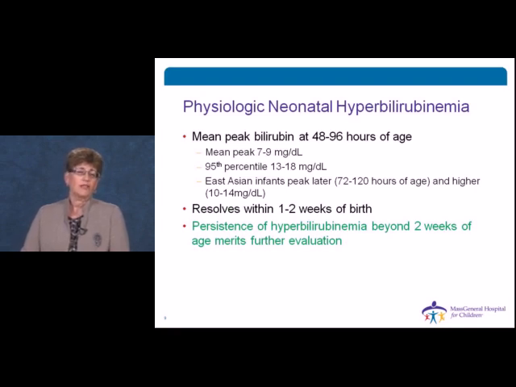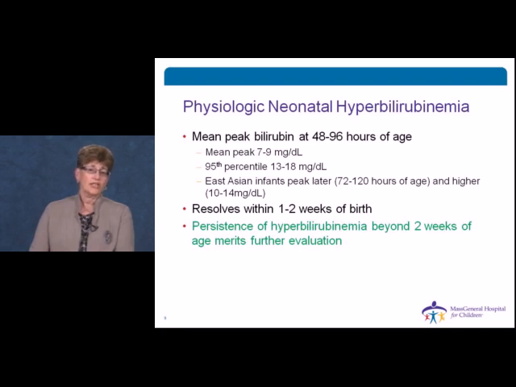In neonatal hyperbilirubinemia, the mean peak bilirubin generally in infants is about 2 to 4 days of age. And the mean peak in Caucasian infants is 7 to 9 milligrams per deciliter. The 95th percentile is up to around 13 to 18 milligrams per deciliter. And it is relatively higher in East Asian infants. So they peak later, and they also have a higher bilirubin at their peak.